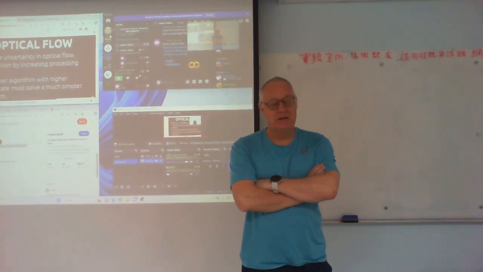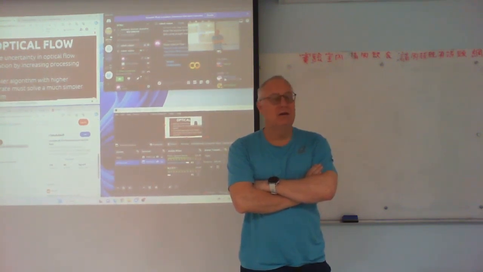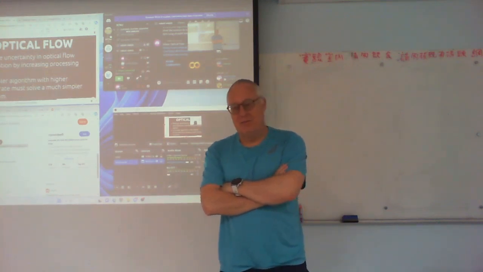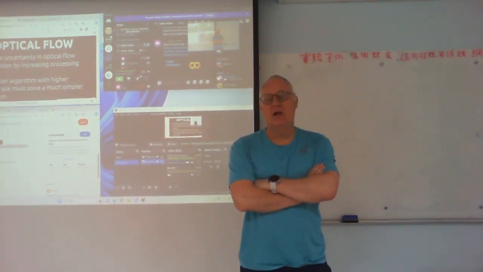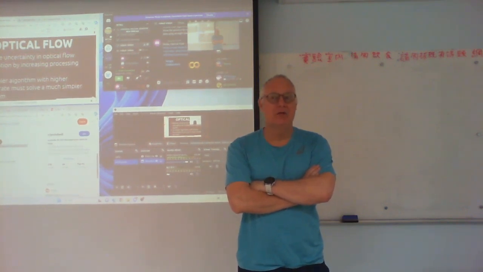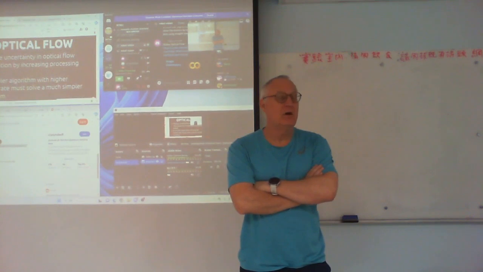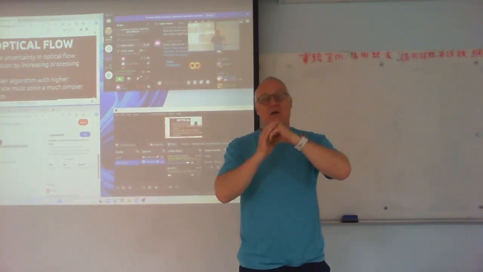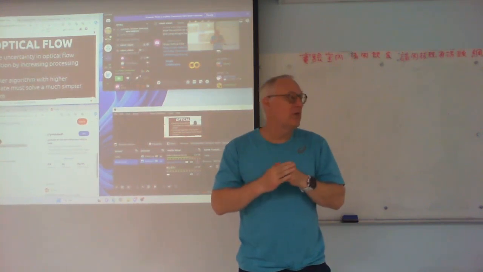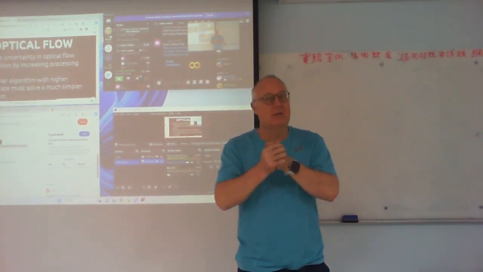But optical flow is a pretty nice problem, because it crucially depends on your processing speed. As your algorithm becomes more complex, and people have tried to design more complex optical flow algorithms, it slows down and it actually becomes a much harder problem. If you have an optical flow algorithm that runs at 1,000 frames per second, it's very, very fast, very simple.